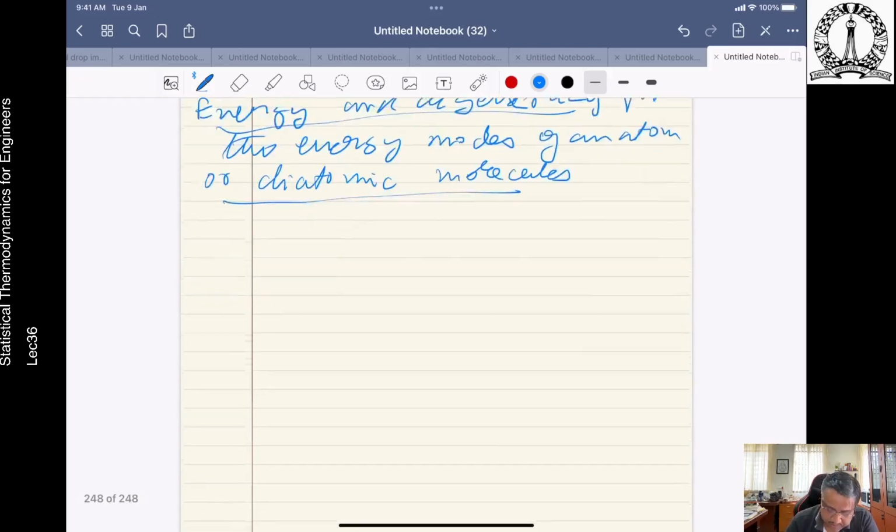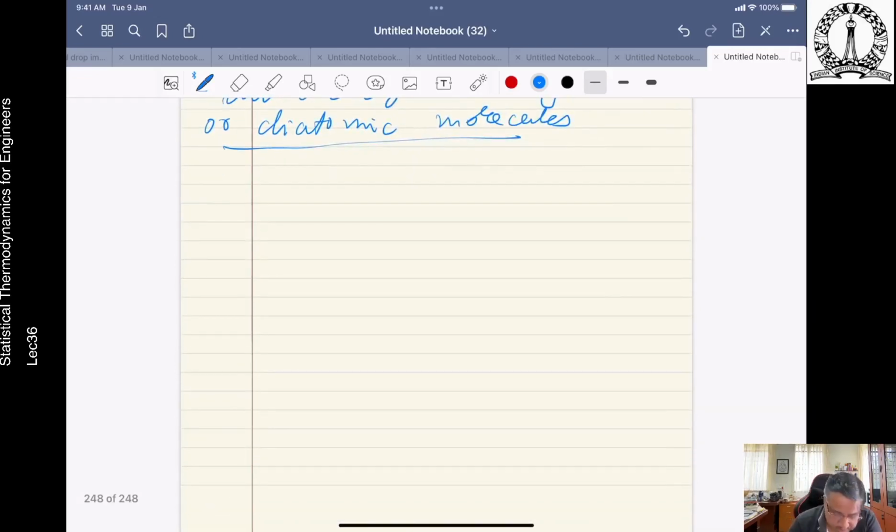Okay, so let us do this. The first column is the energy mode. Then it is the energy, all in centimeter inverse, with the parameter also in centimeter inverse, and then of course the degeneracy.